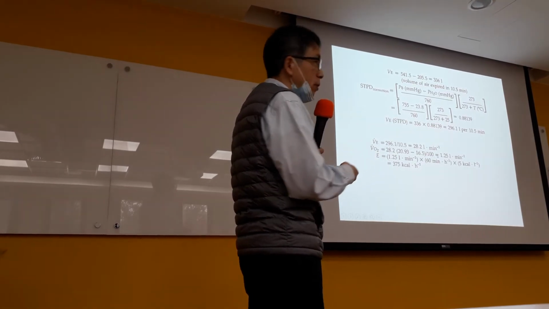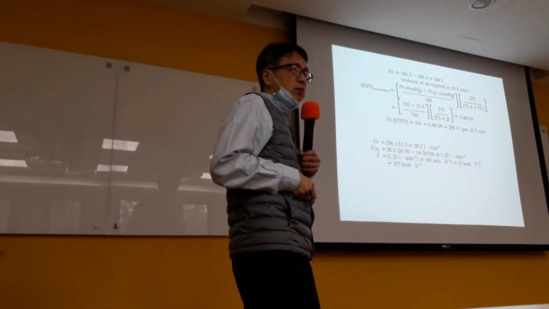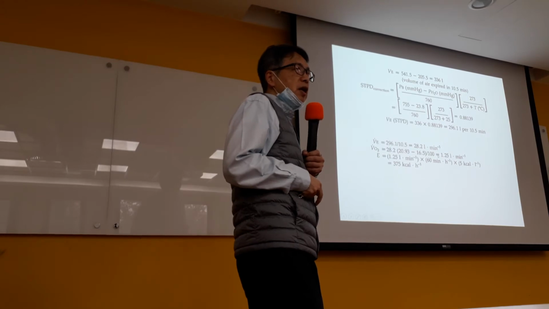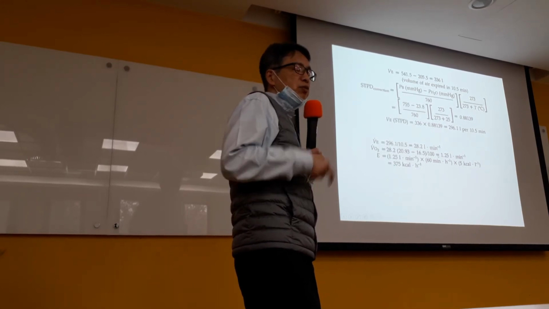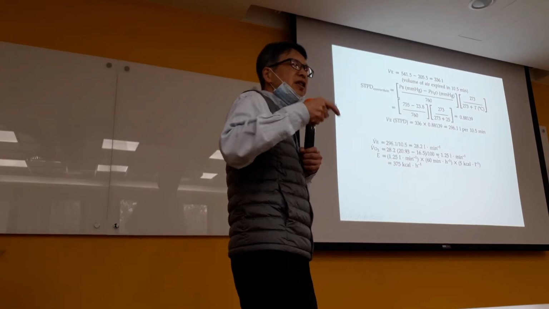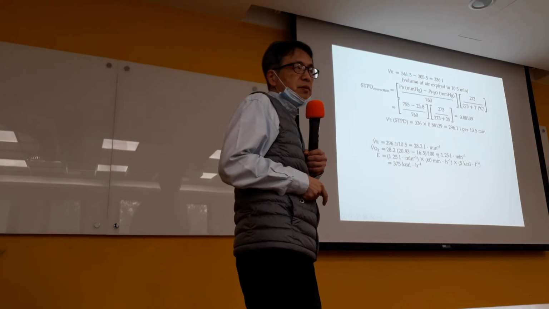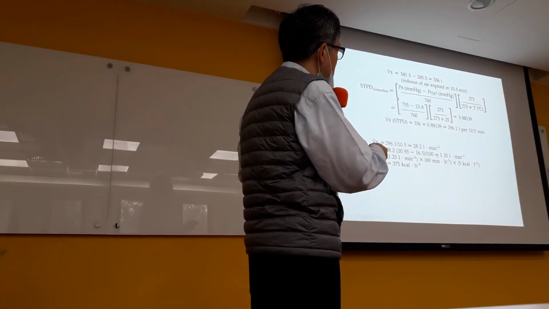So what does that mean? That means if you were doing this experiment in Taipei at the sea level, and if that particular day the barometric air pressure is 760 mmHg, the volume will be only this, not this big.